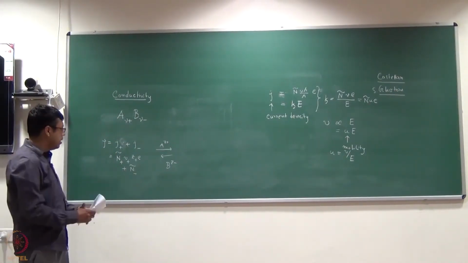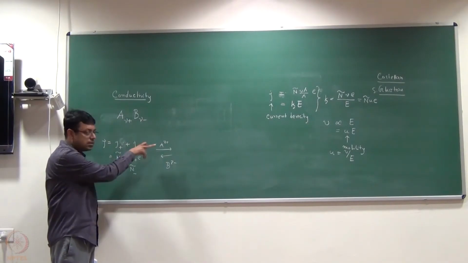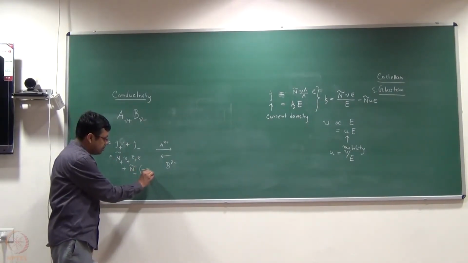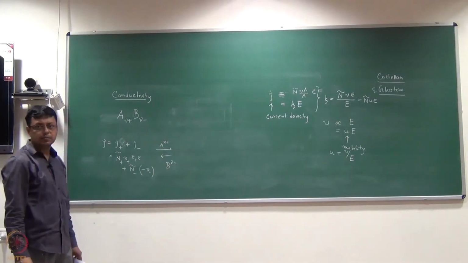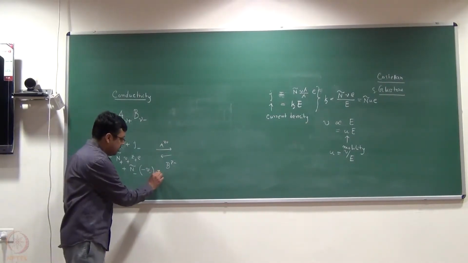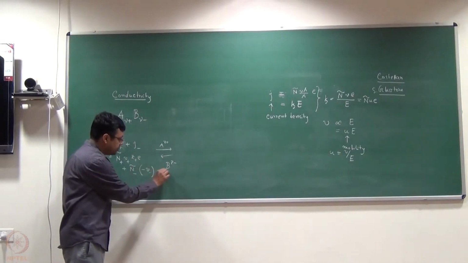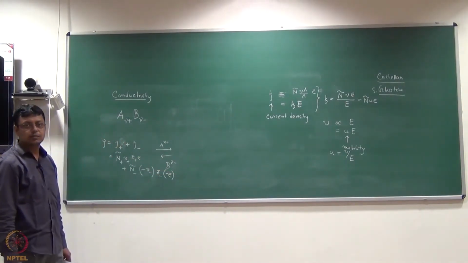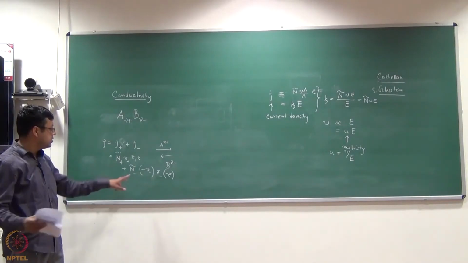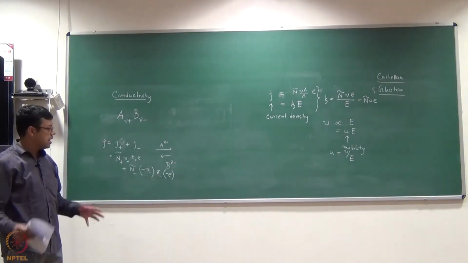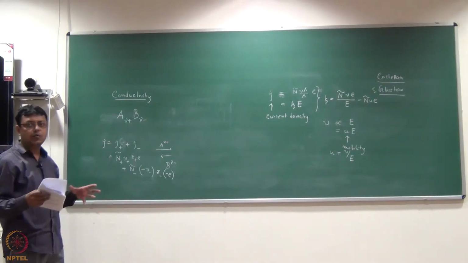Now, if I take v+ as the positive direction, I have to take the v− as −v− because it is moving in the other direction. And then Z−, but the charge is also not e, it is −e because it is an anion. So together I will see that these two negative things cancel.